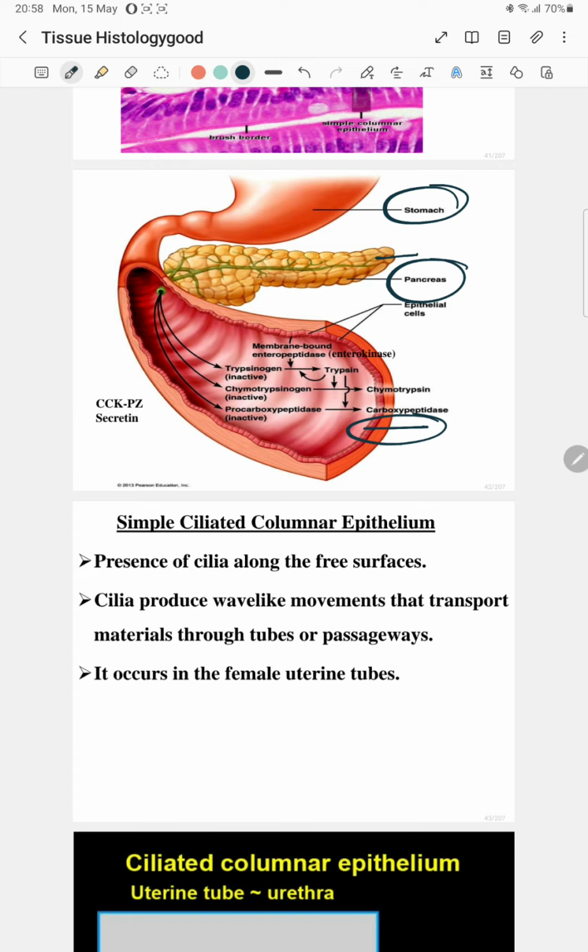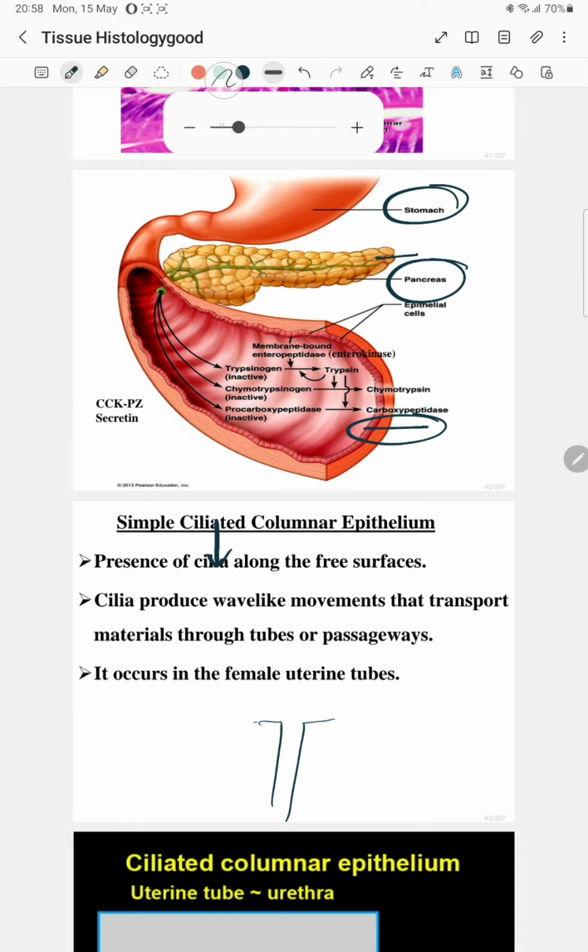Simple ciliated columnar epithelium. Ciliated means, the moment we see the term ciliated, we should understand that there are hair-like projections. So what is that? This is our windpipe. As an example, just take that this is our windpipe. These windpipes have very tiny cilia, or ciliated epithelial cells. What happens?